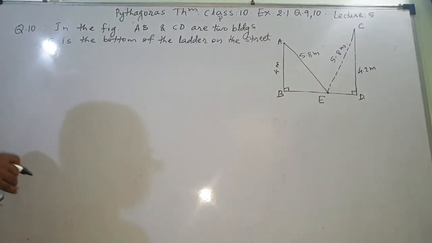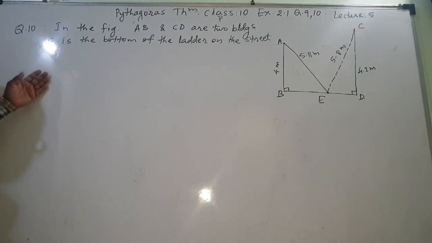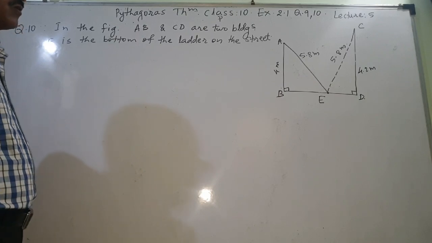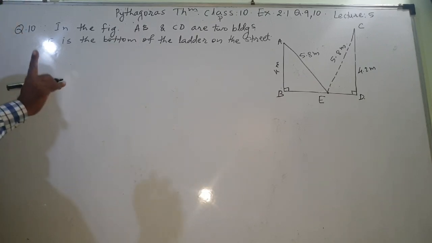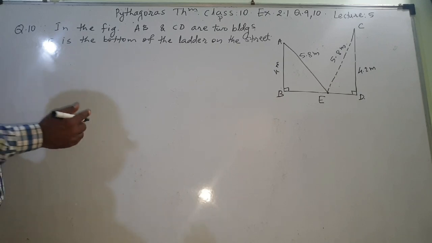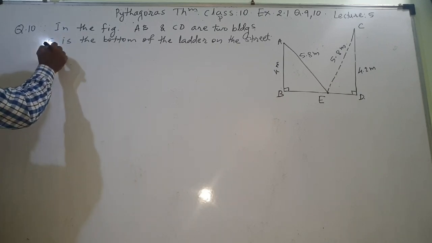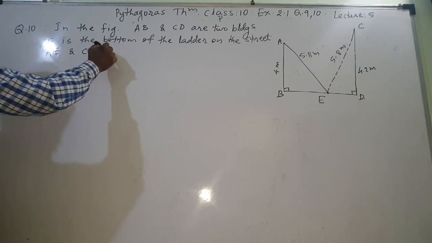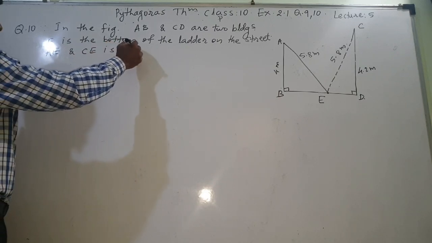I am writing in short because I have to utilize this place and complete the sum. So AE and CE is the ladder.